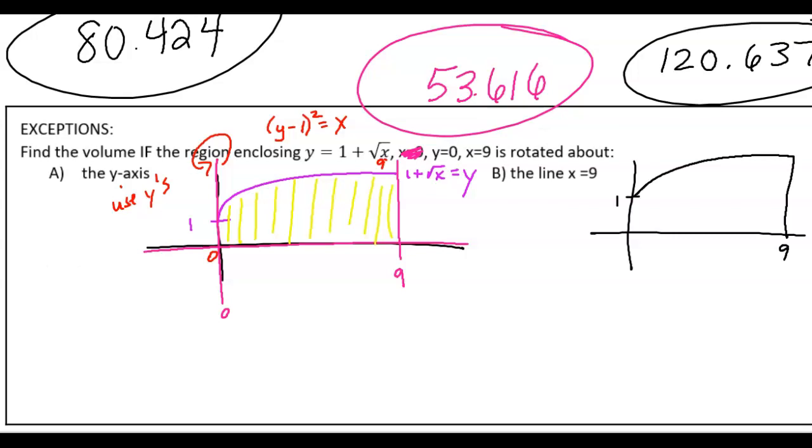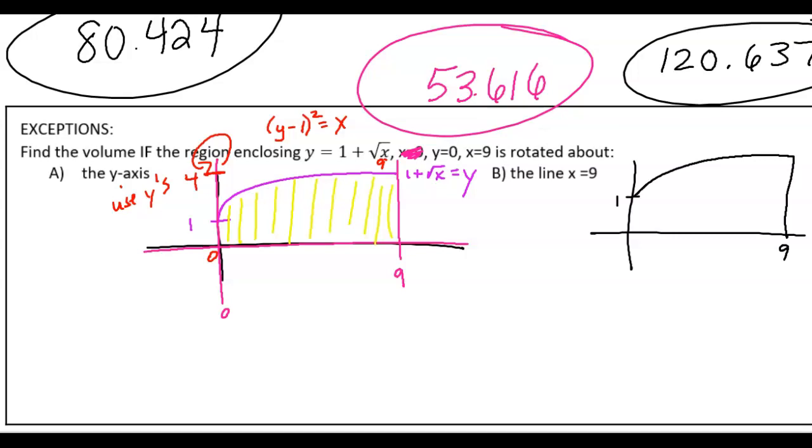So 1 plus root 9, so that's 3. 1 plus 3, so that's 4. So now this one's going to go to 4. So we want to go from 0 to 4.